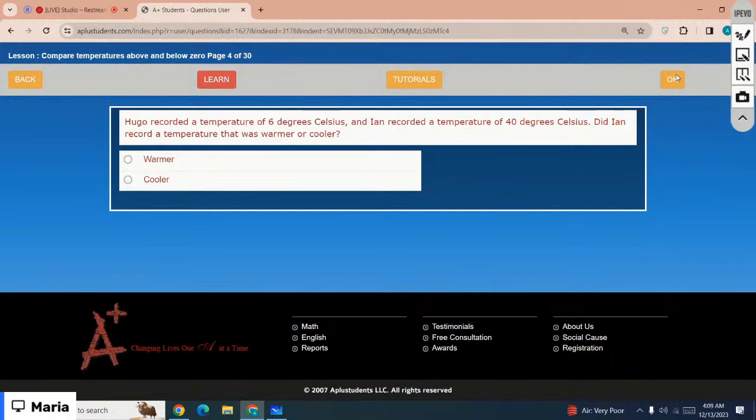Ein recorded 40 degrees Celsius, right? That means 40 is the warmer temperature. The correct option is very good, warmer.